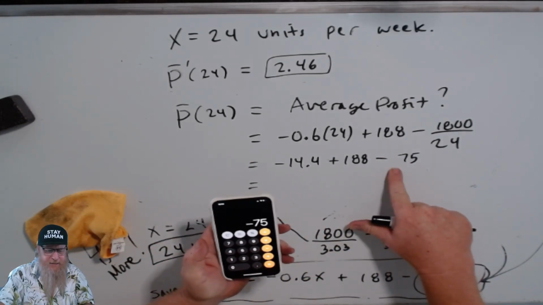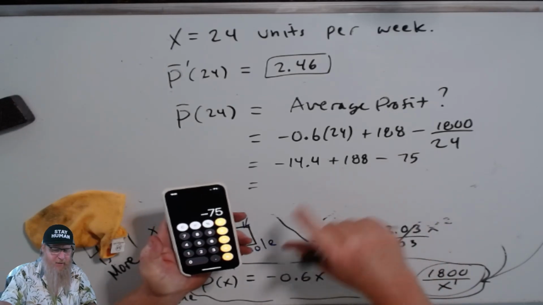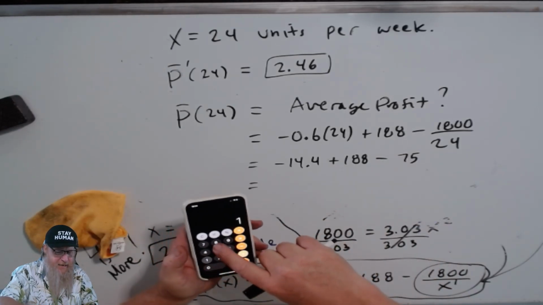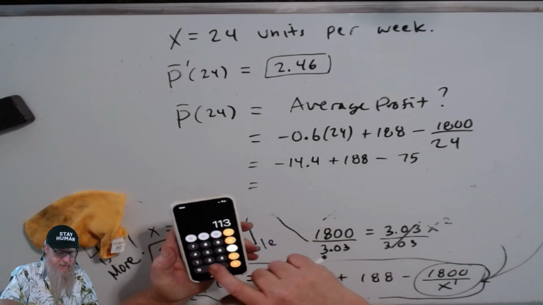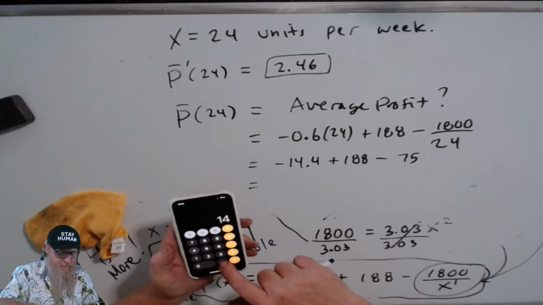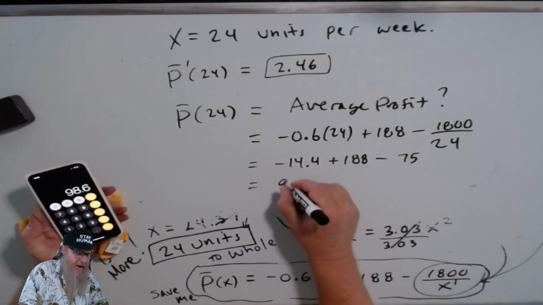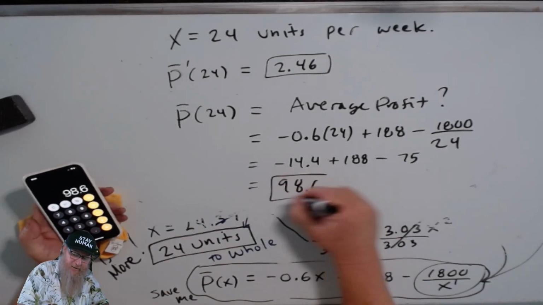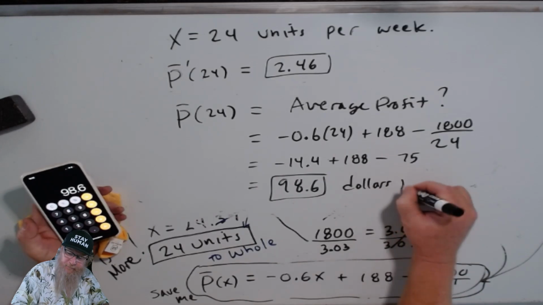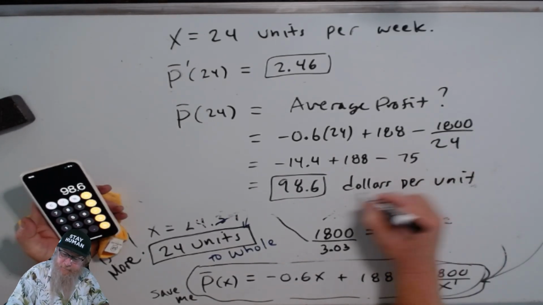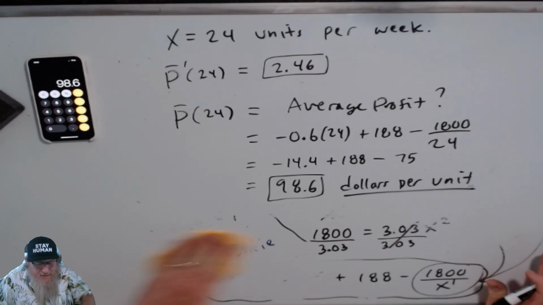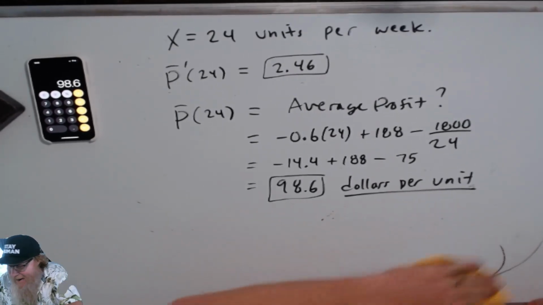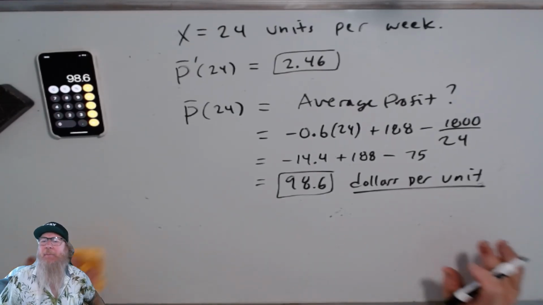So that's negative 75 plus 188 minus 14.4, $98.60 per unit. Not too bad. By making fewer units, my average profit has gone up.